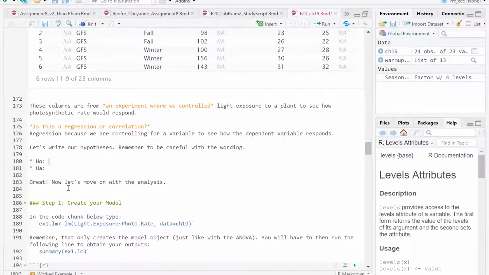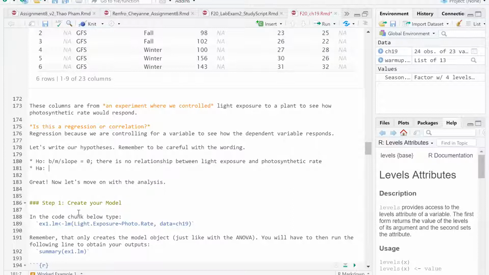Because this is a regression, that means we're looking at our slope. We want to know, is our slope significant? B or M or slope, however you want to write it, the null hypothesis is that it is equal to 0. There is no relationship between light exposure and photosynthetic rate.